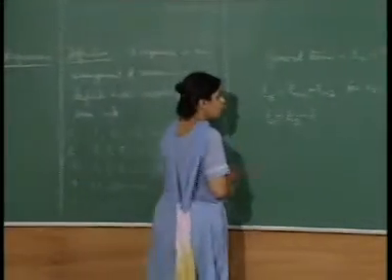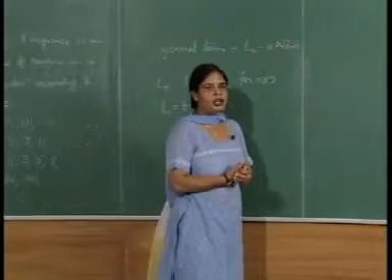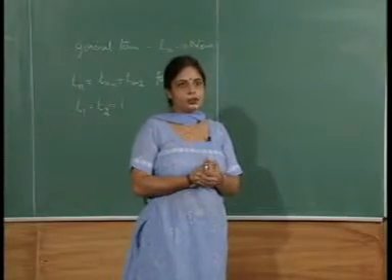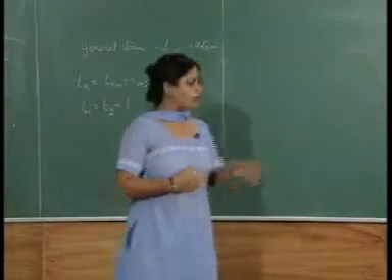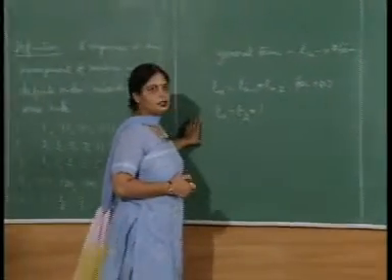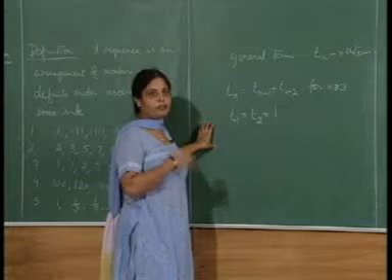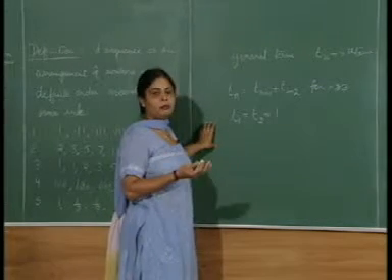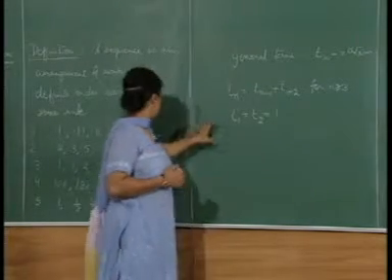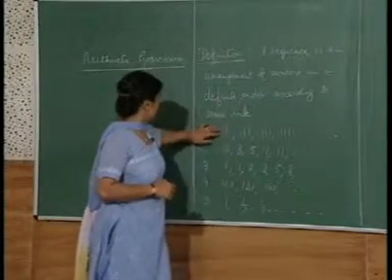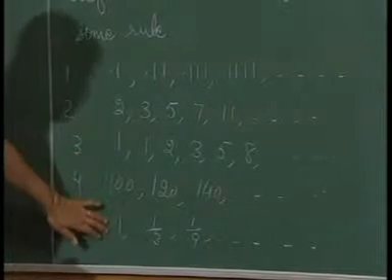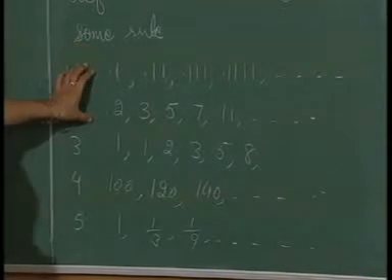Now a sequence can be finite or infinite according as the number of terms in a sequence is finite or infinite. If the number of terms is finite, the sequence is said to be finite. If the number of terms is infinite, right up to infinity, then it is called an infinite series. Now here the series 1, 2, 3, 4, 5, if I have written it like this, then all these are infinite series.